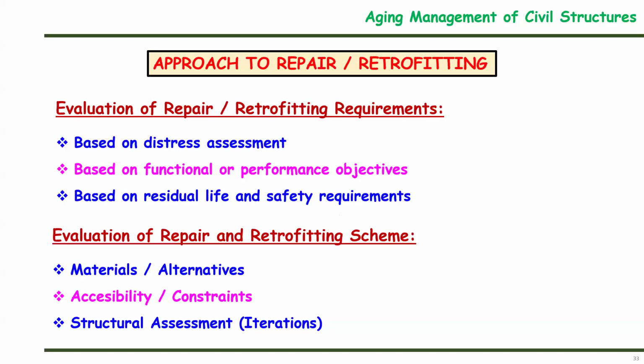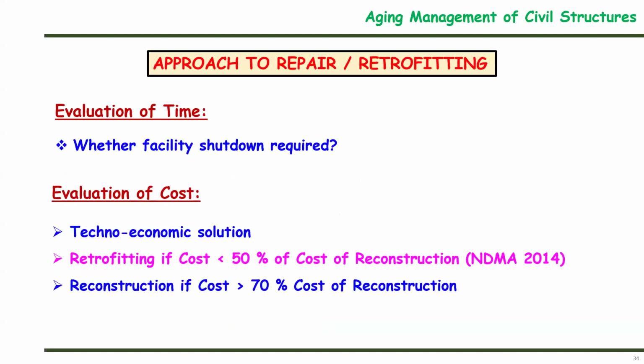Then accessibility or constraint: whether we have proper access to carry out repair or retrofitting also plays an important role. And whether I can carry out repair or retrofitting even if my plant is running, with the facility under normal operation, or whether we have to shut down the plant or facility to carry it out, also plays an important role.